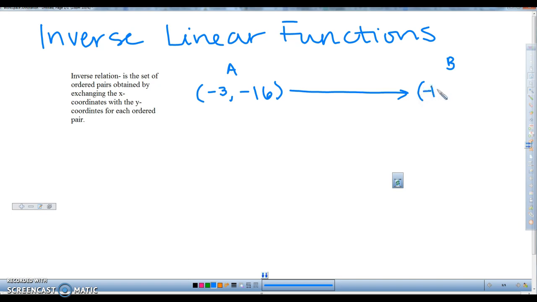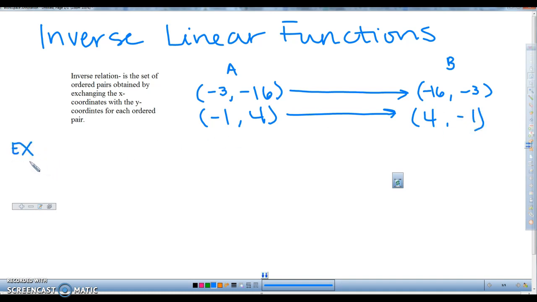So I'll have -16, -3. I can do this with as many ordered pairs as I want, as long as I switch every x with every y. So -1, 4 becomes 4, -1.